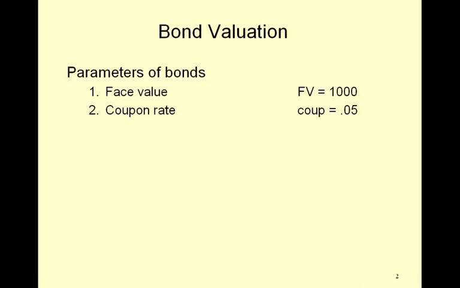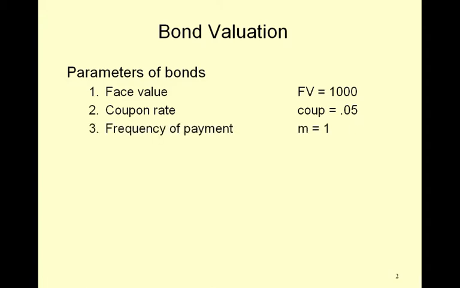The second parameter of bonds is the coupon rate. It's the stated rate of interest that the borrower pays the lender. The coupon rate will also be indicated on the face of the bond. In our example, the coupon rate is 5%.